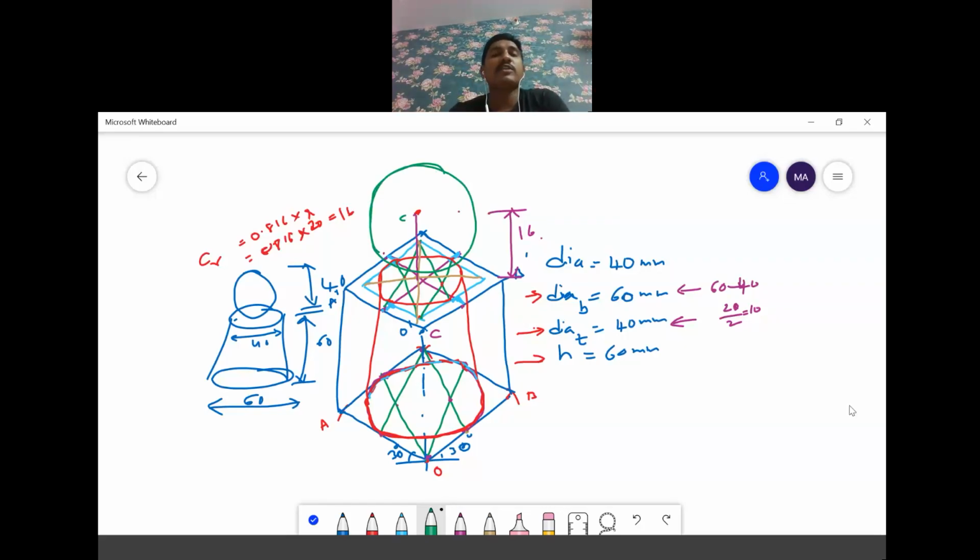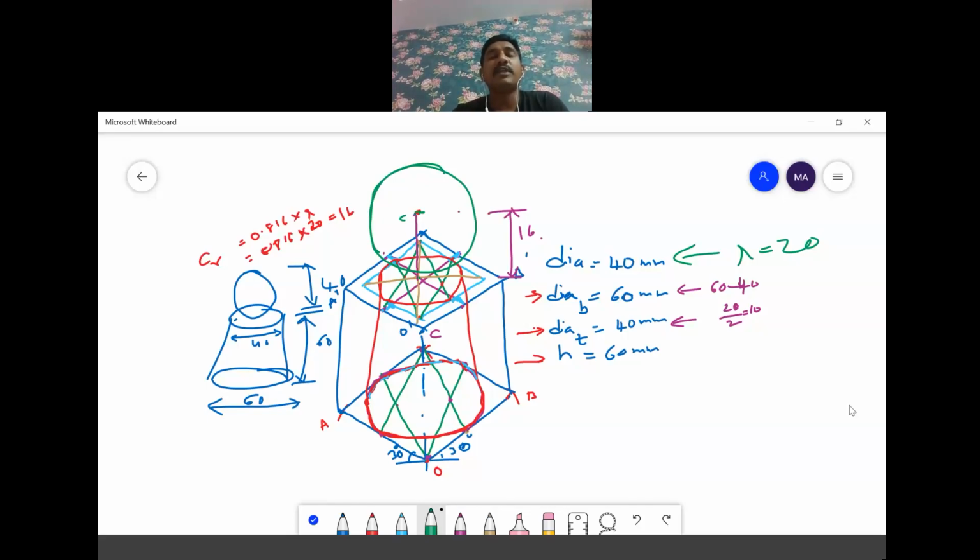For construction of the sphere, first you have to mark the center. For drawing the center, the formula is 0.816 into r. R is the radius; here the diameter is 40, so the radius is 20 mm. 0.816 into 20 is 16. From this midpoint, I am marking 16 mm, that is the center.